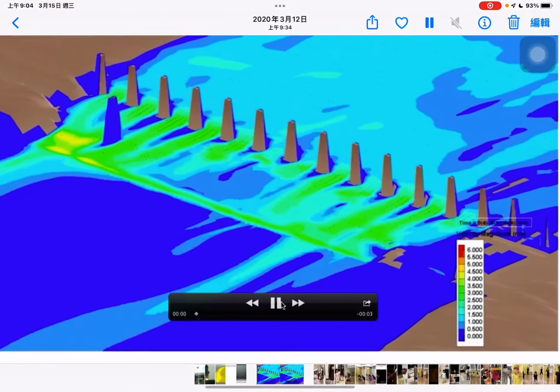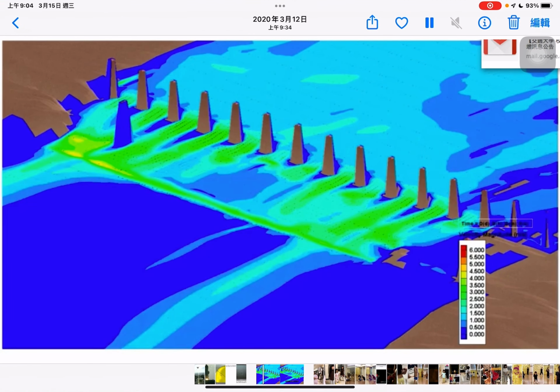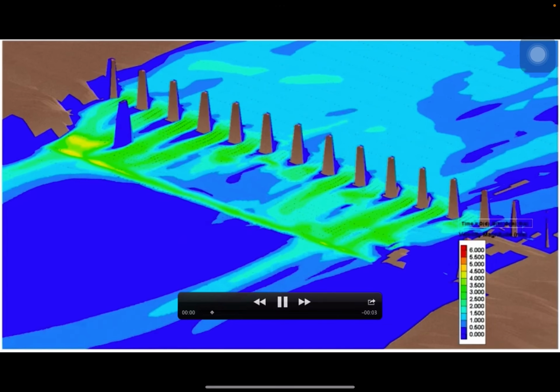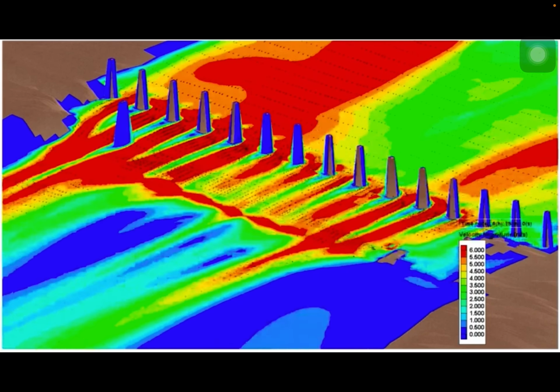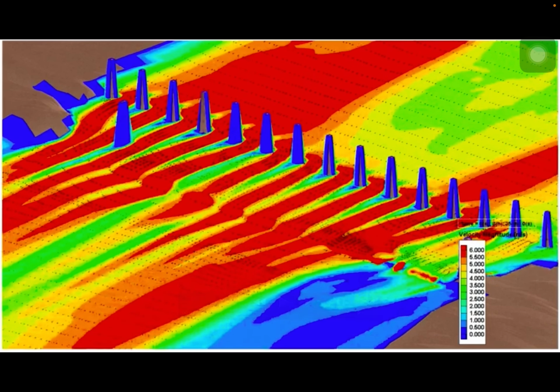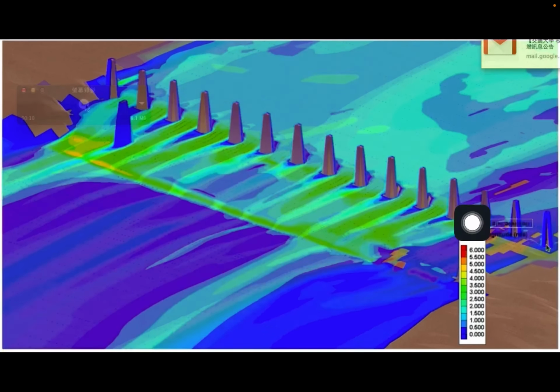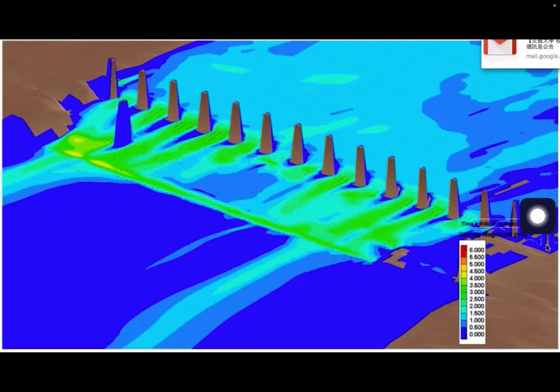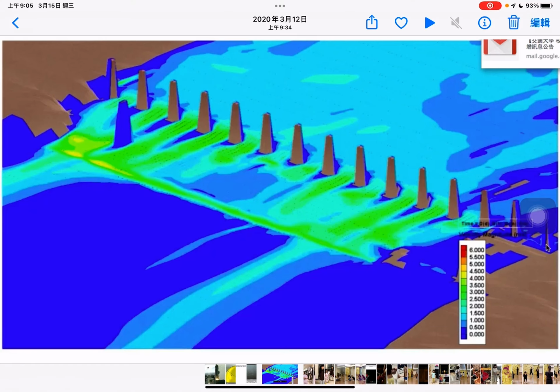For our problem, sometimes we do the modeling first. In this modeling, the color showing here is the flow velocity, and the colors indicate the different flow speeds on the surface.